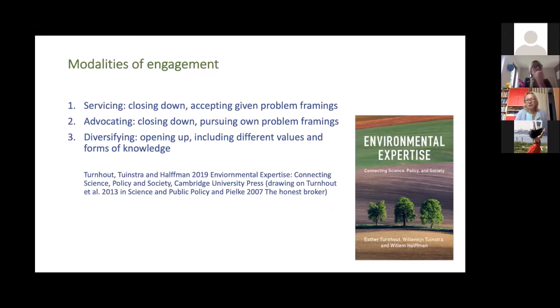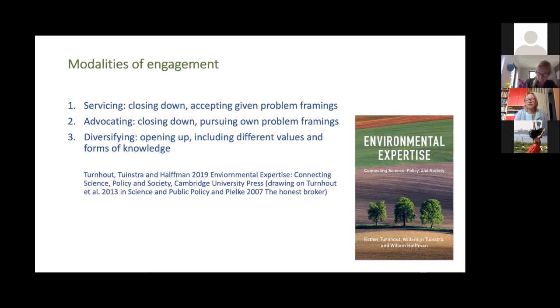So again, in our book, there are different ways to engage, and there are lots of different typologies of these ways. In the book, we keep it quite simple, and we say, maybe you can distinguish three different ways of engaging as a knowledge producer with society and policy. The first we call servicing, which is basically, what is your question and I'll answer it.